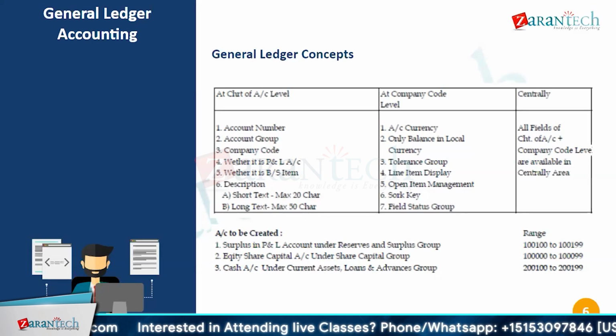Line item display: whether this GL will be maintained in totals, so every time you look at this general ledger account it will only show you the total, or whether it would be a line item display. Can anyone give me an example of, in a general ledger, which kind of account you would have line items in, and which account you would not bother with line items?